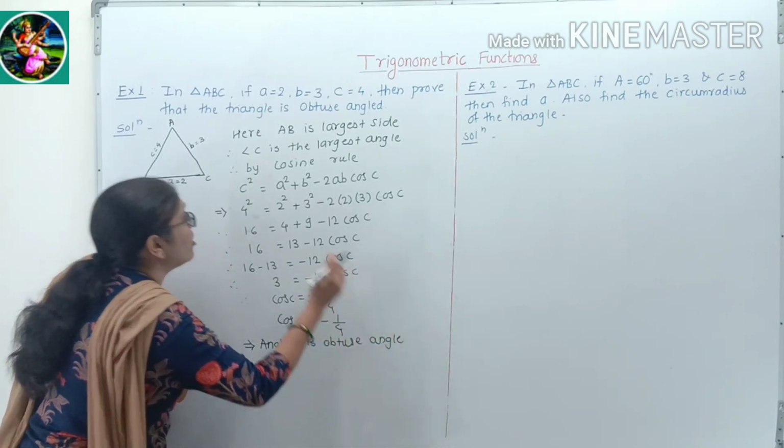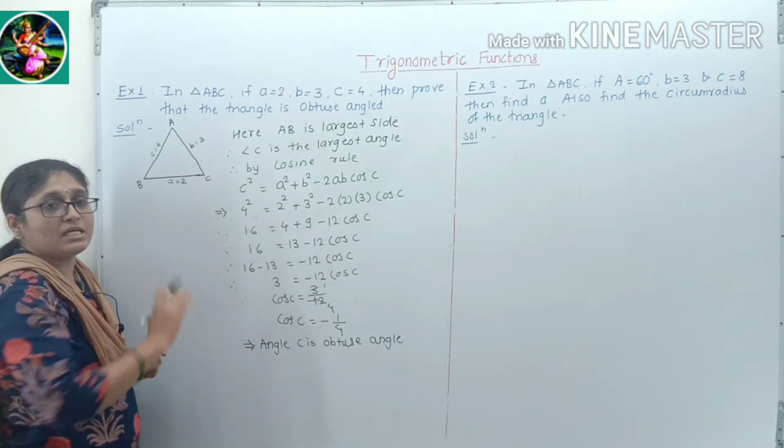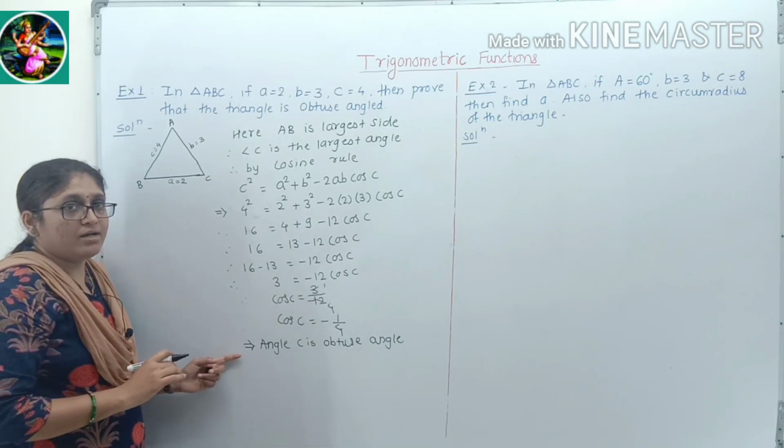Therefore, triangle ABC is an obtuse angled triangle.